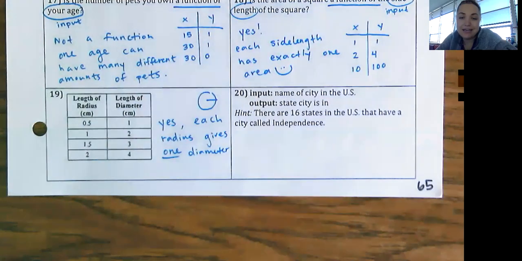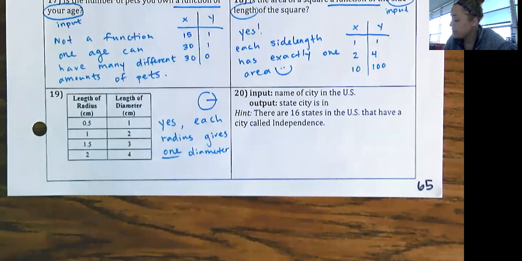Okay, number 20, the name of a city in the United States and the input is the name of the city and the output is the state that the city is in. Here's a little hint though. There are 16 states in the US that have a city called Independence. Okay, so if I think about this, that input is the name of the city. So let's use that example of Independence. That's the input.